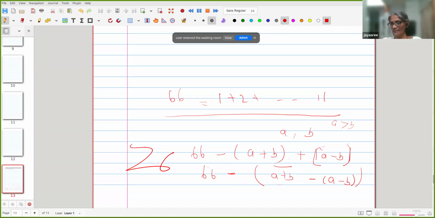Now this is the sum of the numbers which are remaining on the board. Now A plus B and A minus B always have the same parity, either both are odd or both are even. So their difference, of either two odd numbers or two even numbers, will always be even.